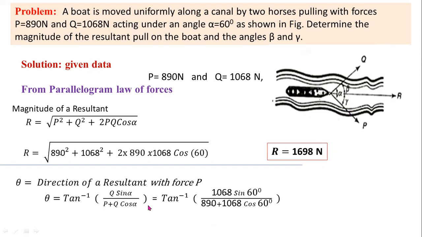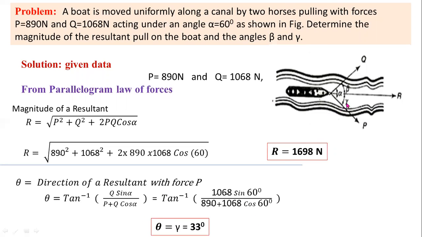Substitute the values of Q and P, with alpha equal to 60 degrees. From this equation you can get the direction theta, which is the angle between the resultant and force P. So theta equals gamma, and gamma equals 33 degrees.